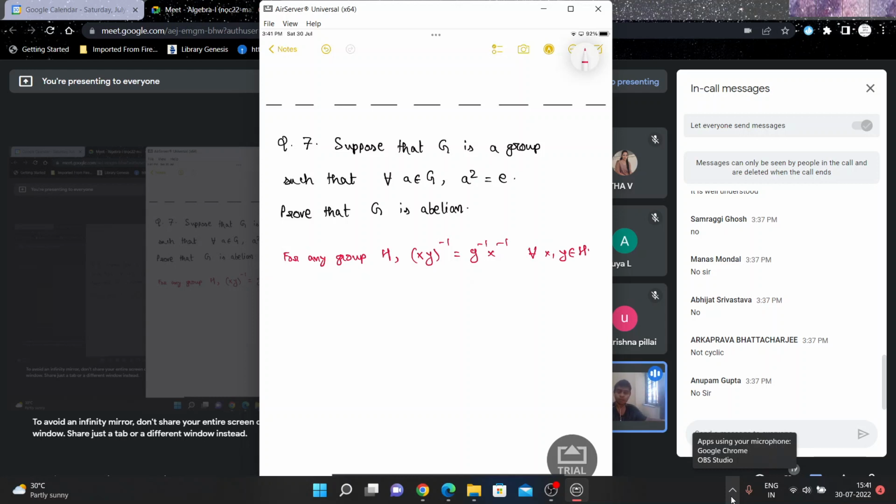If x and y are elements in your group, then there is some element x star y in your group, and hence it must also have an inverse, and its inverse is precisely y inverse times x inverse, right?